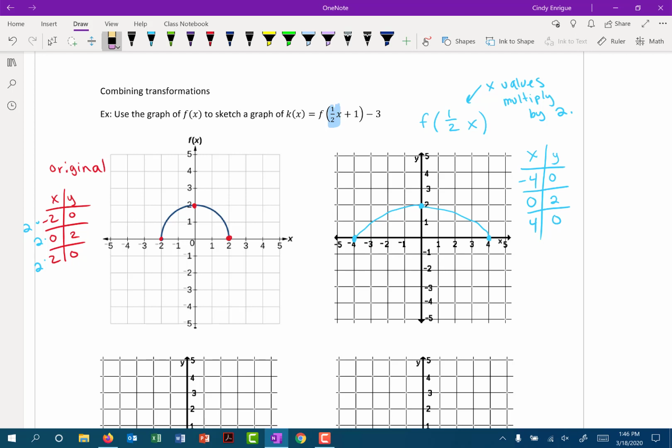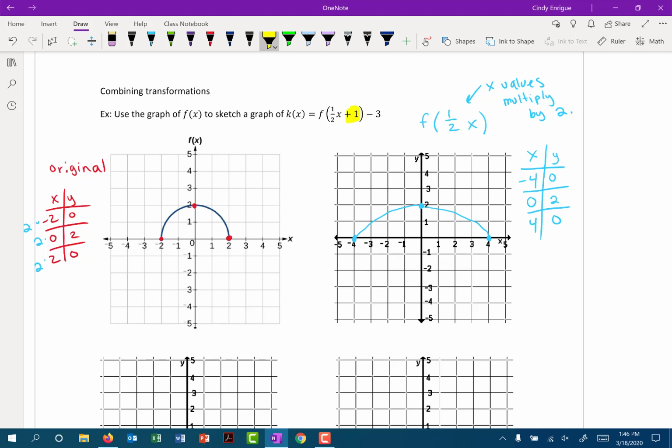So now we're going to think about our next action. What might be helpful is to go ahead and shift this to the left by 2 units. Actually, it's going to be shifted to the left by 1 unit, okay?